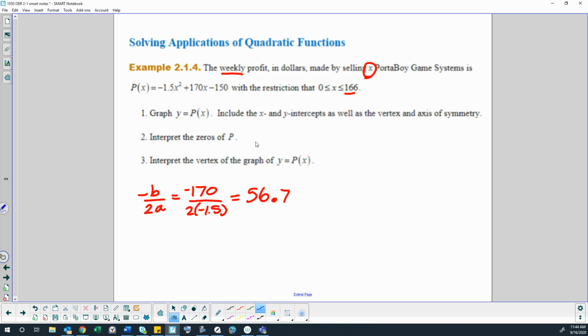How do we find the y value of the vertex? So negative 1.5 times 56.7 squared plus 170 times 56.7 minus 150. I'll throw it in my calculator. You guys throw it in yours, see if we get the same answer.